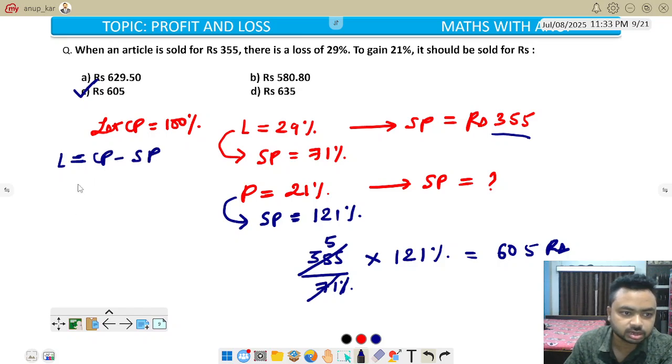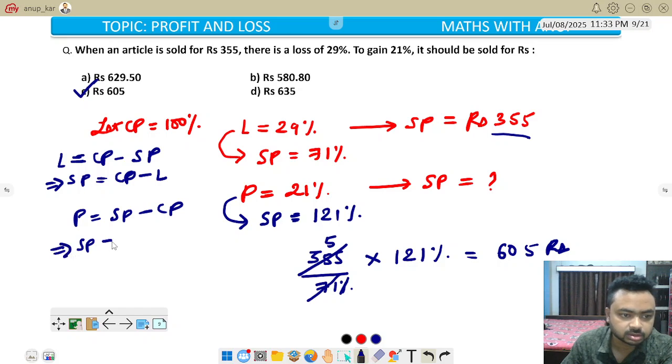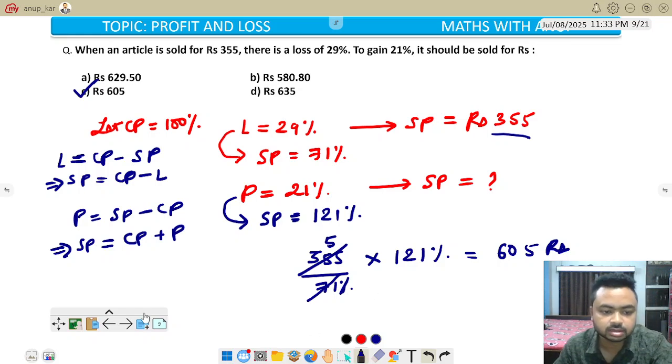So from here we get SP equivalent to CP minus loss. Okay, and profit equals SP minus CP. So SP is equivalent to CP plus profit. Okay. So let's proceed to the next question.